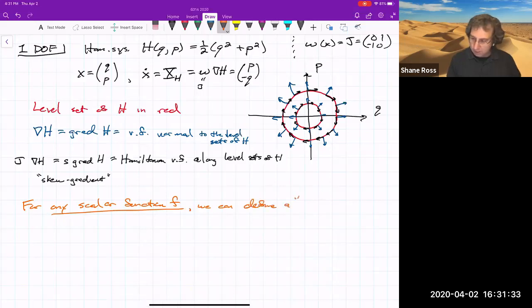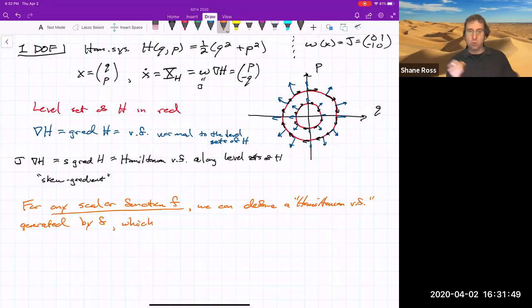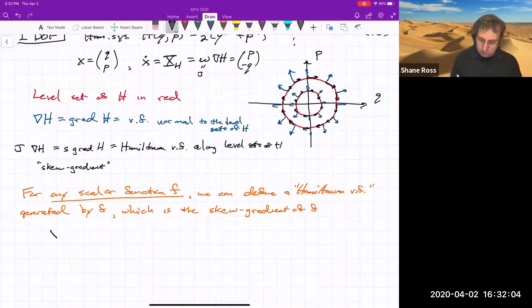we can define a Hamiltonian vector field generated by f, and at least given this notation up above, it's just going to be the skew gradient of f. So we could write it this way, X sub f.